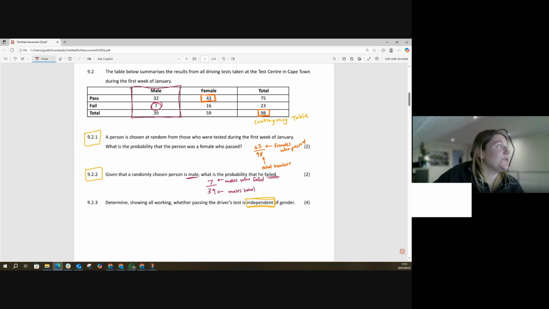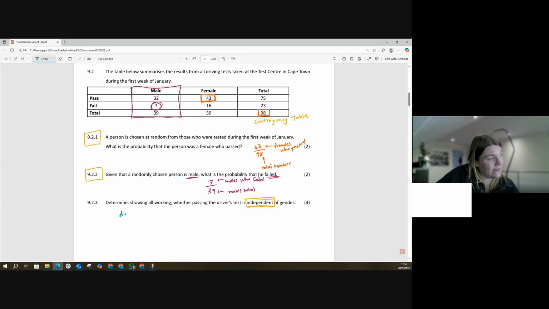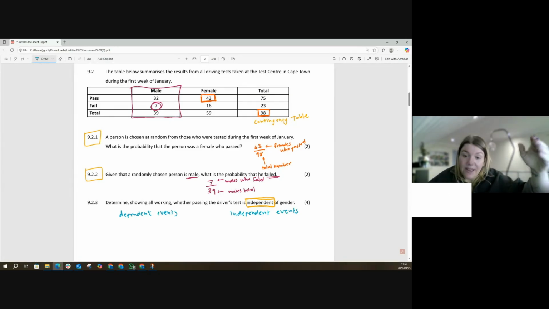Okay, so we get dependent events and independent events. A dependent event means that the probability of one thing will be affected by whatever happened first.